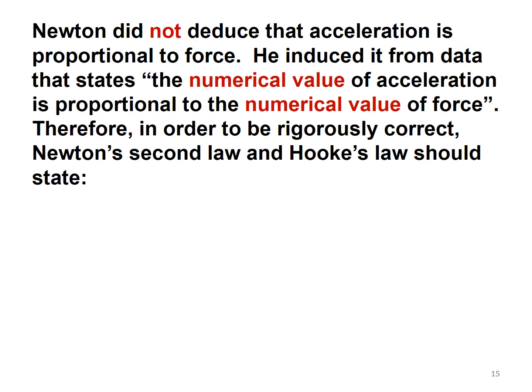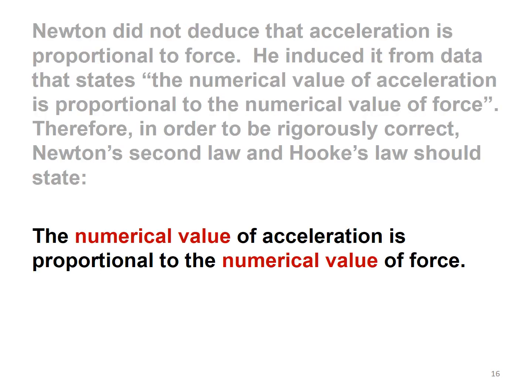Newton did not deduce that acceleration is proportional to force. He induced it from data that states the numerical value of acceleration is proportional to the numerical value of force. Therefore, in order to be rigorously correct, Newton's second law and Hooke's law should state the numerical value of acceleration is proportional to the numerical value of force.